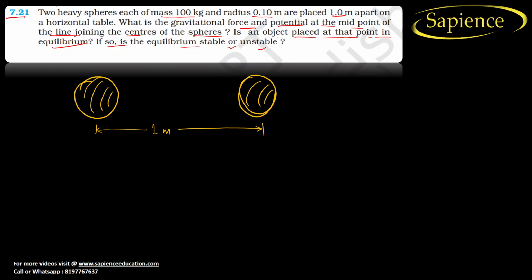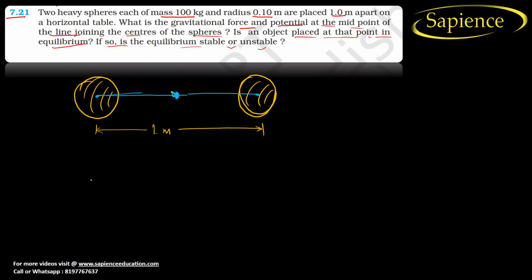What is the gravitational force and potential at the midpoint? Let us consider this is the midpoint, and this is the line joining the centers of both masses.